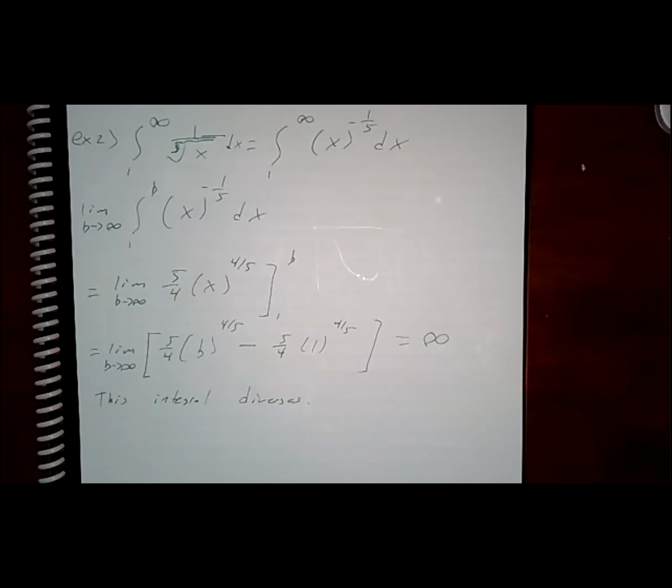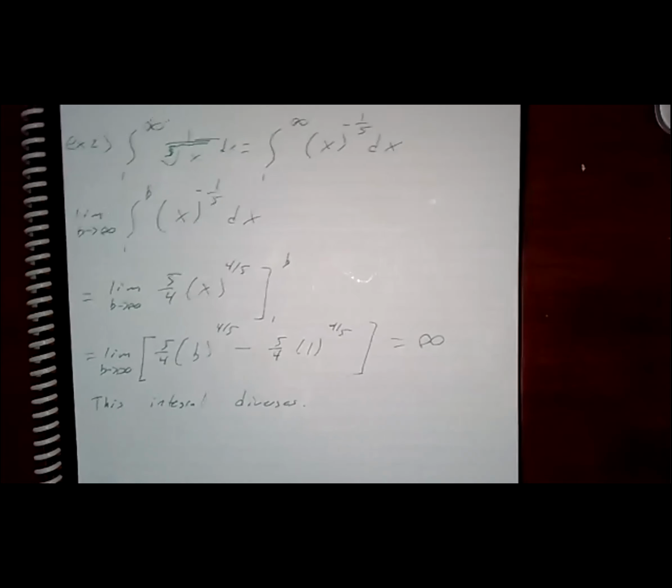Okay. So for the next one, let's do one that has a negative infinity, but also the integral is a little harder. Because, you know, we've done all kinds of integral types.